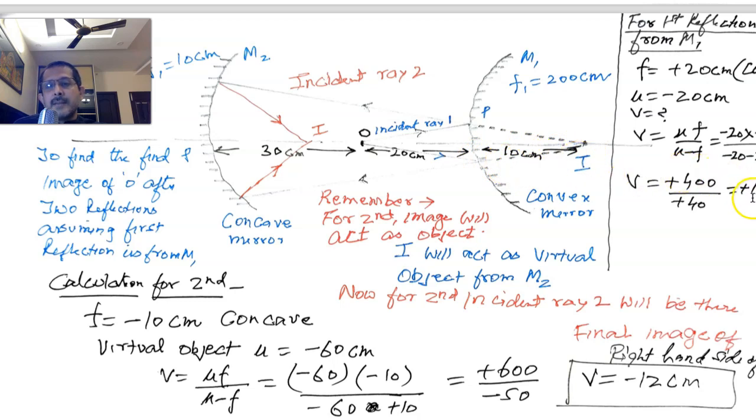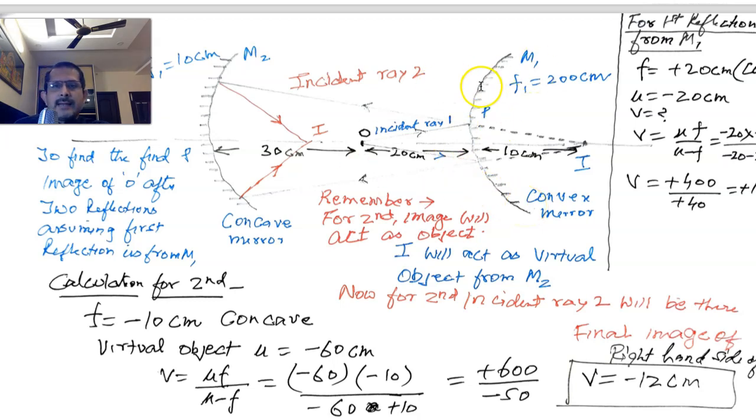Plus would be only from pole to that point being in the same direction as incident ray. So that is why v is equal to 10 centimeter. Okay. Now we got this image from this object using the mirror M1, which is convex mirror.